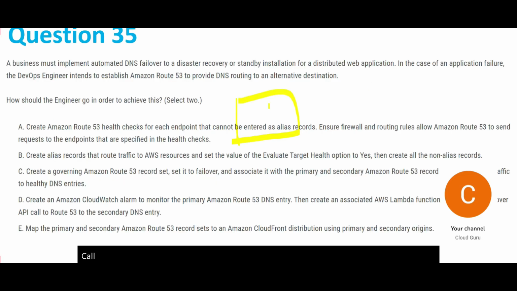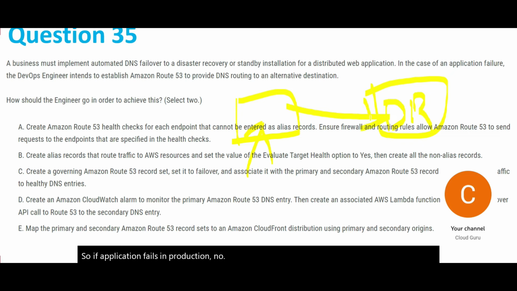See, you have this production box, then you have this DR box. So if the application fails in production, you will have to fail over here. That means this will go down, this will go up. This is the story of this question.